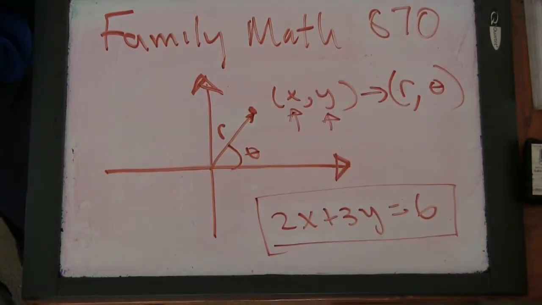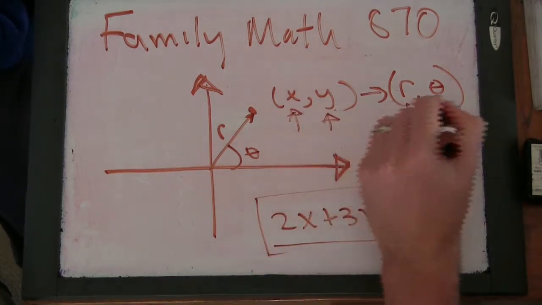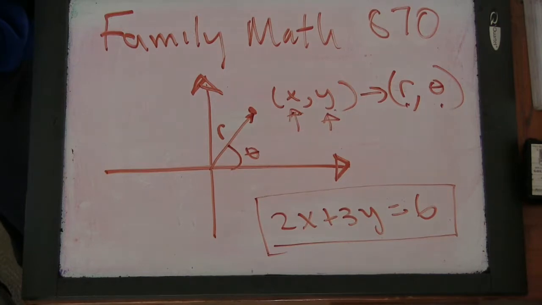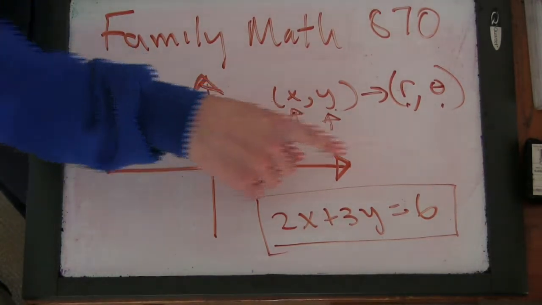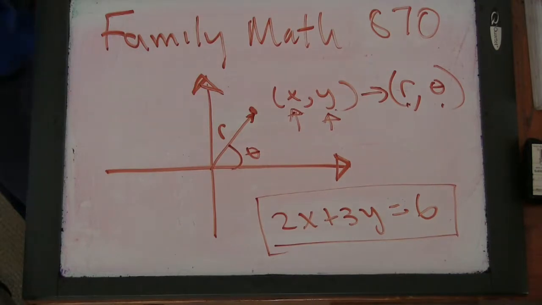Do you think it's a coincidence we needed two coordinates both times to describe that? Probably not. Why would you guess we needed two coordinates both times? Because we're in two-dimensional space, so there are two axes, two identifiers.